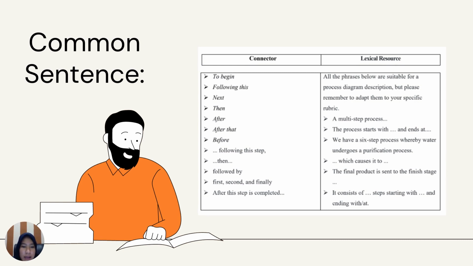And then these are common sentences used as connectors in explaining process.